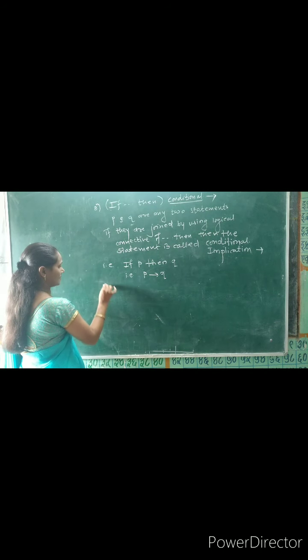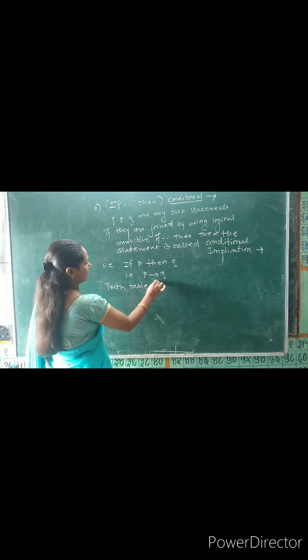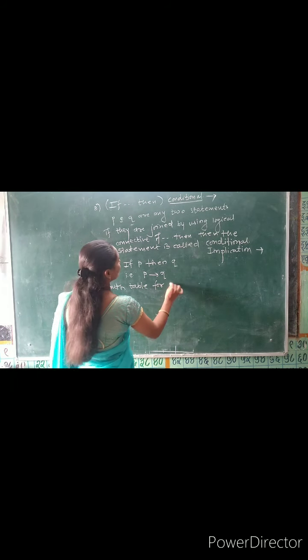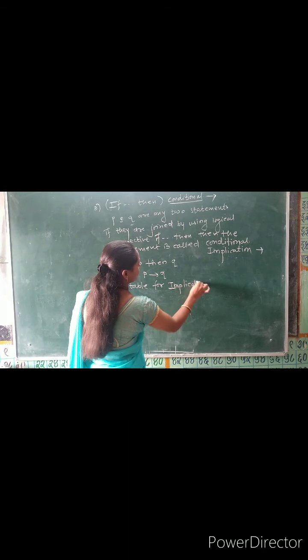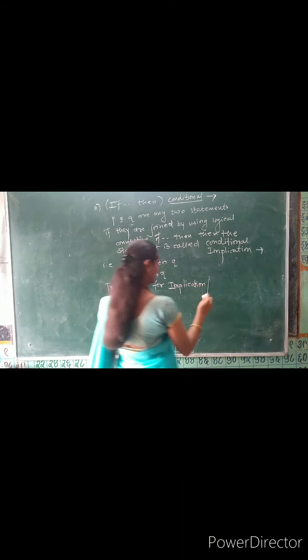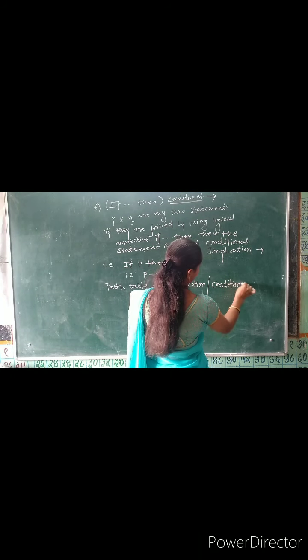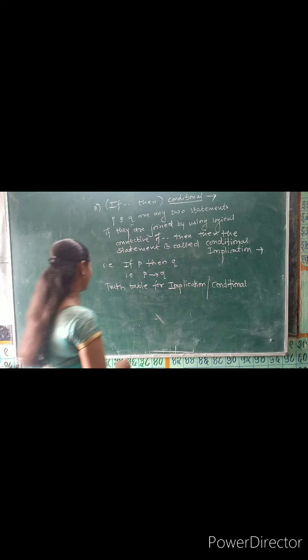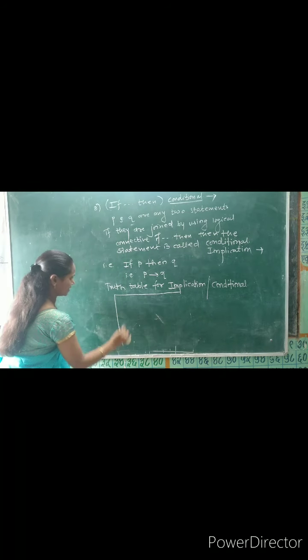Write its truth table. Truth table for implication, also called conditional. We will see the truth table for the implication or conditional.